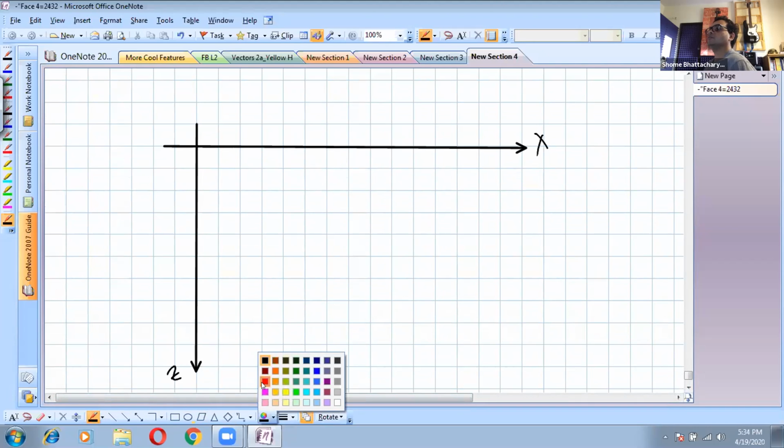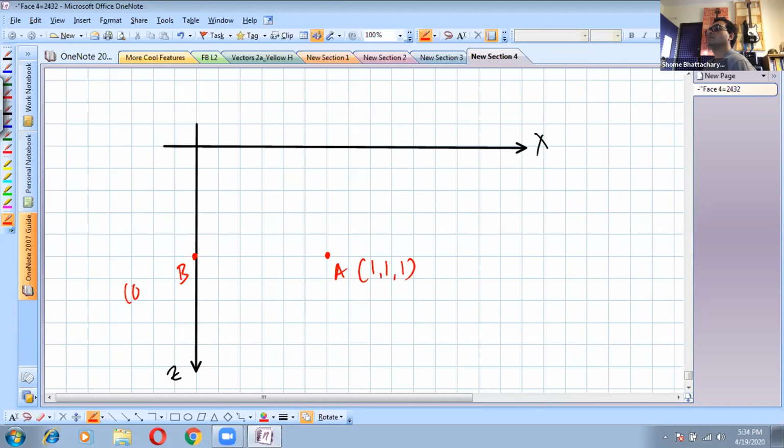Somewhere here is my point A, which is 1, 1, 1, and somewhere here is my point B, which is 0, 1, 1. It might look like I have not taken its y coordinate as 0, because this point is actually not lying in this plane; it's lying above this plane. You understanding? So actually, A and B lie in a plane which is parallel to the XZ plane.